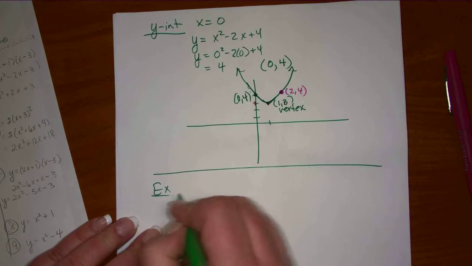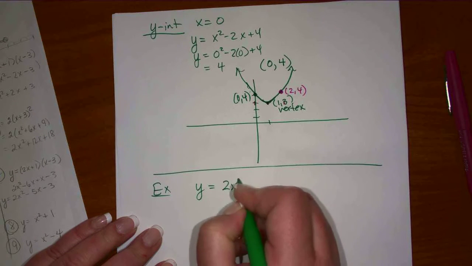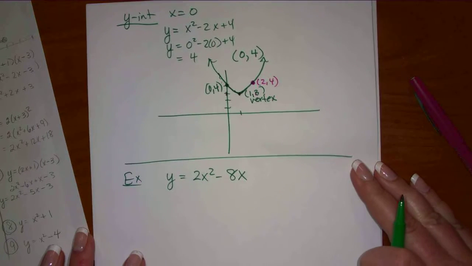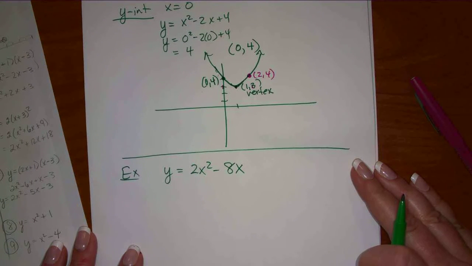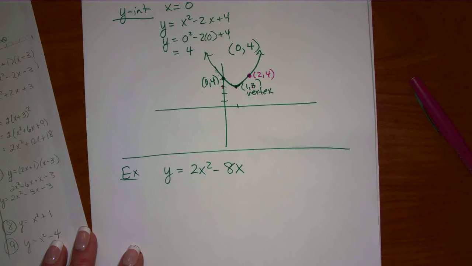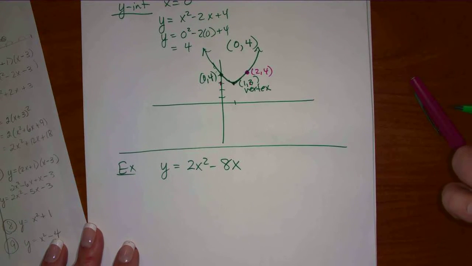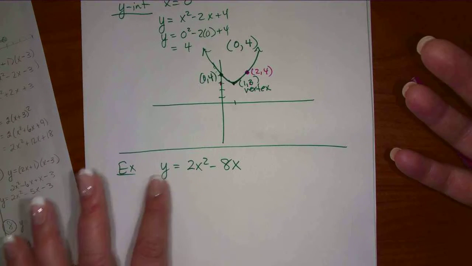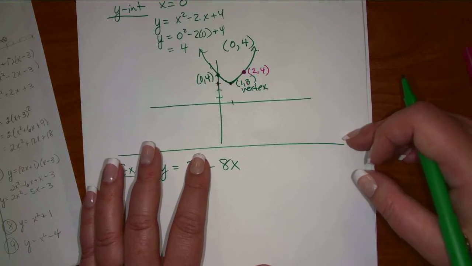Okay, what about this one? So what's different about this one? The C, or the constant at the end, is missing. Okay, and that's okay. As long as there's an x squared, it's a parabola. If A was missing, it would be a linear equation, back to the sections we just did.